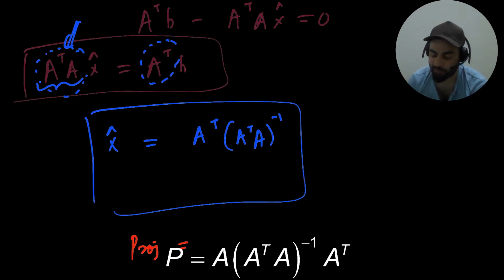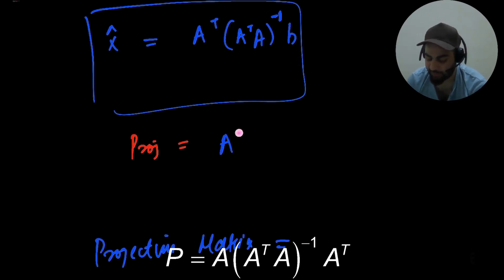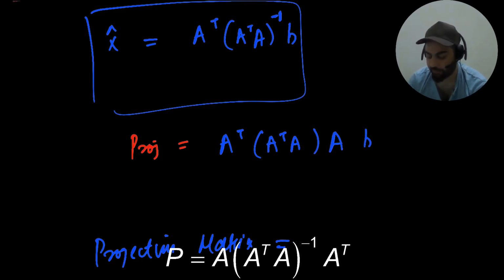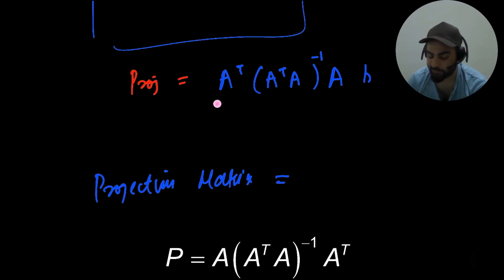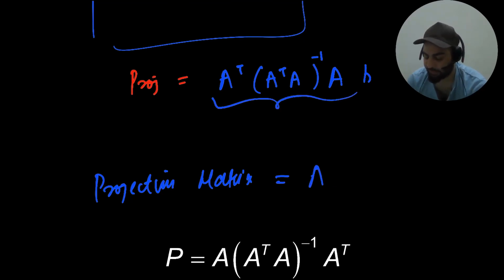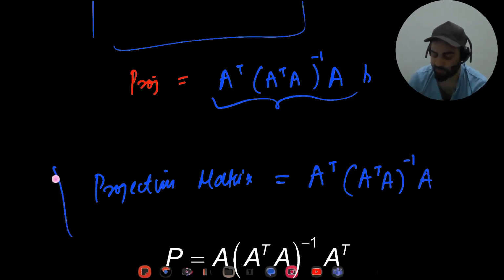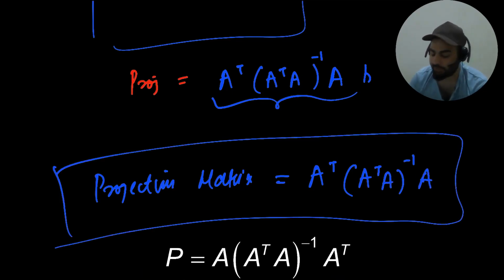Now this is a matrix, so instead of dividing, we'll just write its inverse, multiplied by B. This projection now becomes (A transpose A) whole inverse multiplied by A and B. This much is the projection matrix: A (A transpose A) whole inverse A transpose. Is it clear why I did not divide, why I wrote the inverse? Because this is not a number now, this is a matrix. Is it clear?